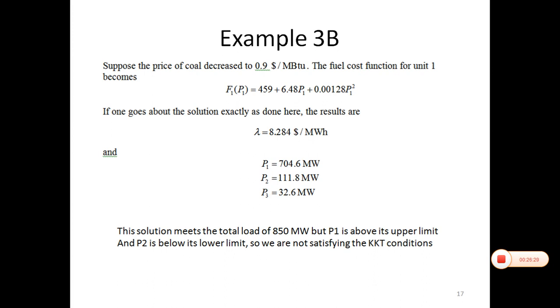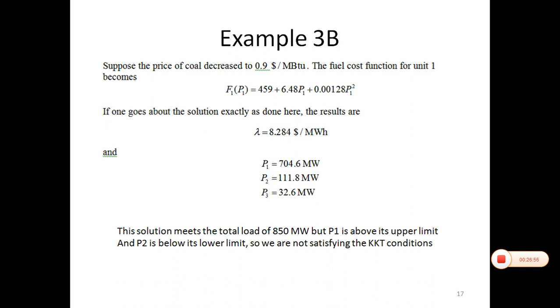If one goes about the solution exactly as done here, the results are lambda equals 8.284 rupees per megawatt hour, and with this lambda, the value for P1 is 704.6 megawatt, for P2 is 111.8 megawatt, and for P3 is 32.6 megawatt.